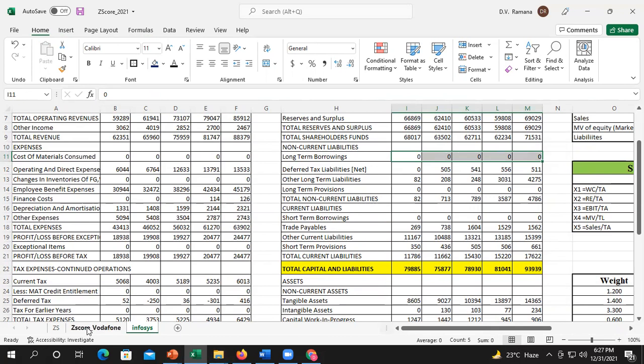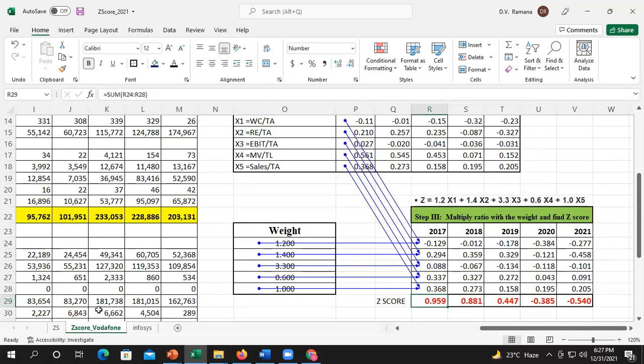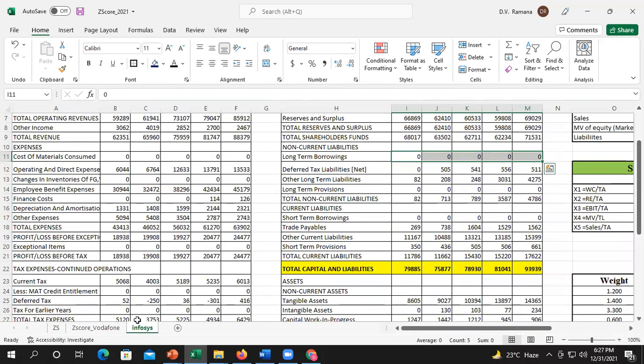So on one hand, we saw Vodafone, which has been incurring losses for quite some time. The Z-score of Vodafone is way below 1.8, so it is said to be in a distress zone, whereas the Z-score of Infosys is way above 3, which is said to be in a safe zone.